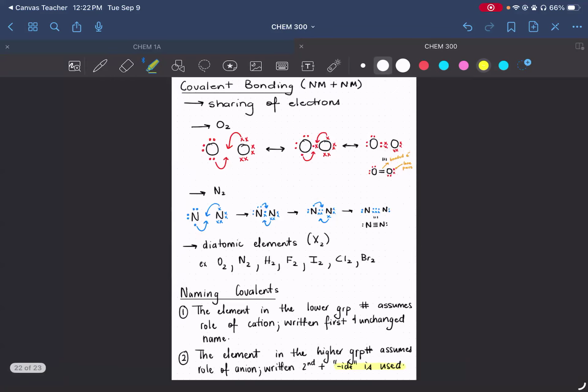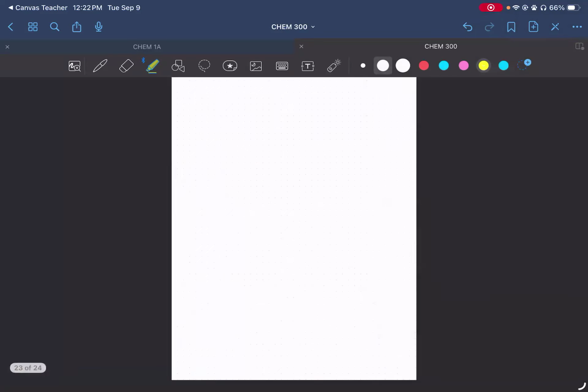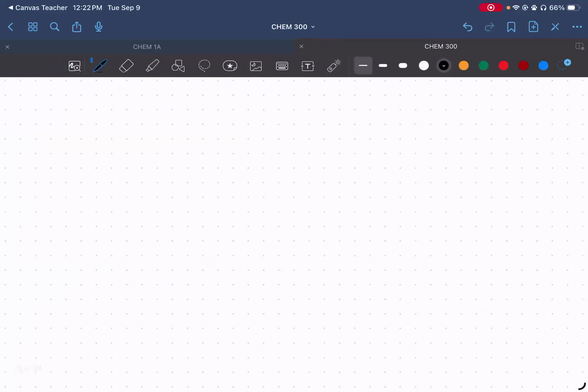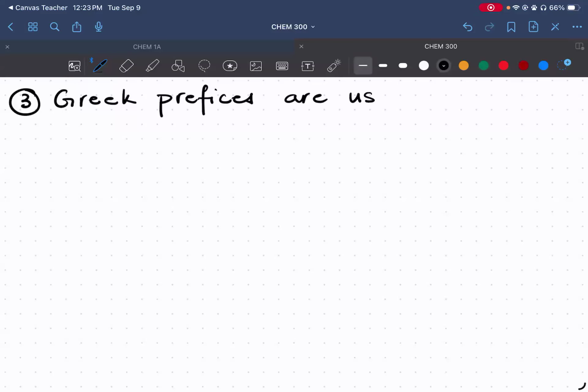The key difference is in number 3. Greek prefixes are used to quantify the atoms. What are some examples of Greek prefixes?